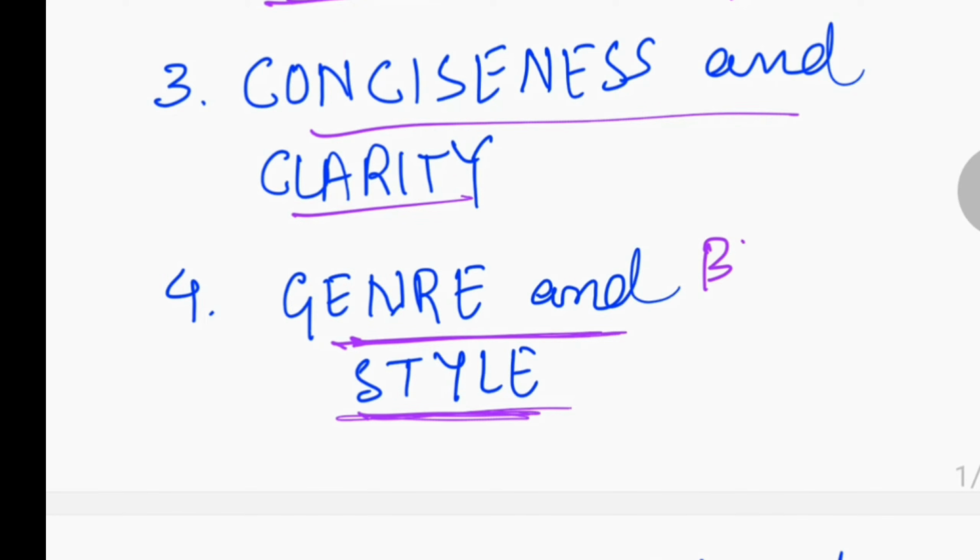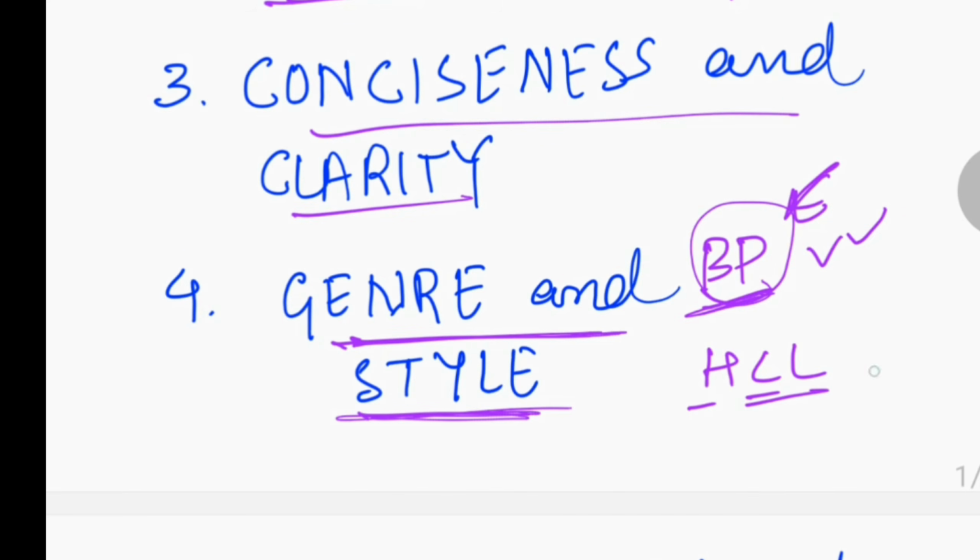For example, BP is a common abbreviation for blood pressure, so we can use BP. But the less known abbreviations like HCl, hydrochloric chloride. HCl is not a very common abbreviation, so we should avoid using it. So we should use much fewer abbreviations, and we should only use the abbreviations that are very common or familiar.